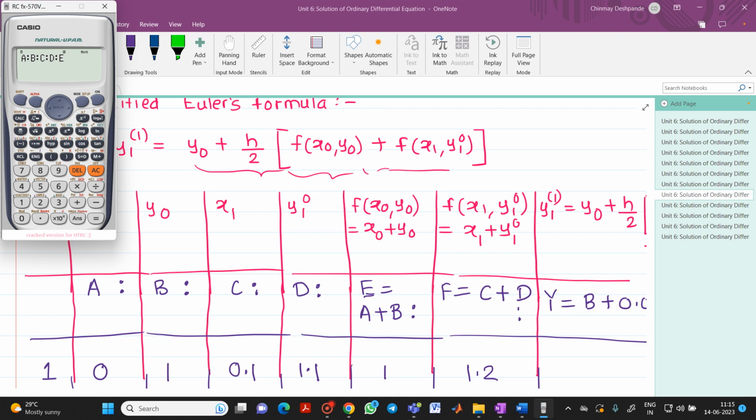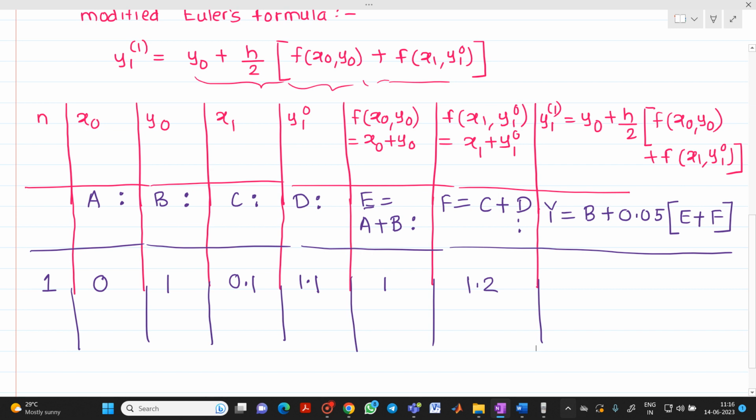E equal to a plus b colon f equal to c plus d colon y equal to, so I am going to write it as y equal to b plus, so if you see it here it is 0.05.